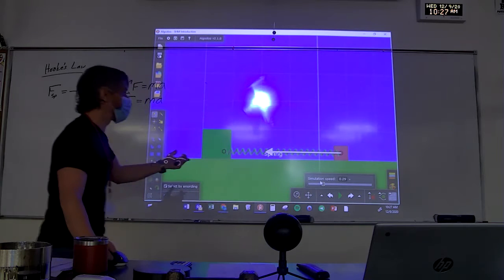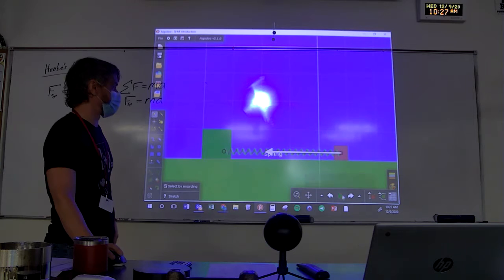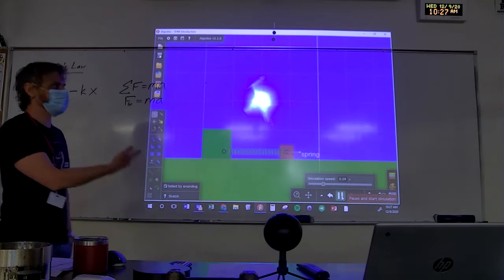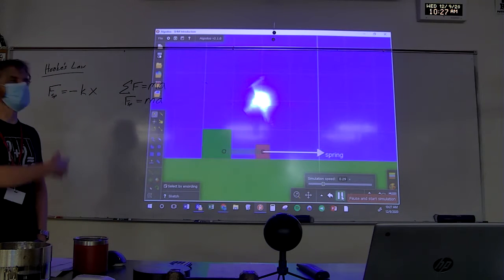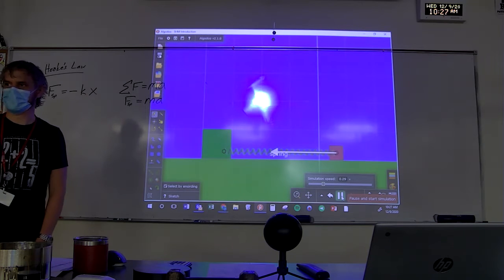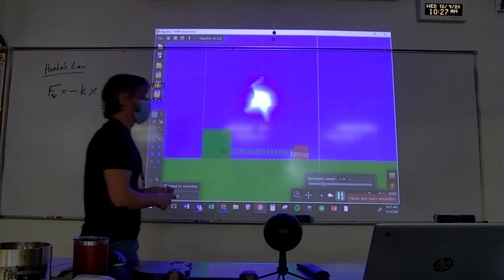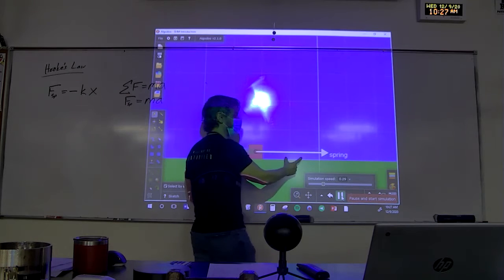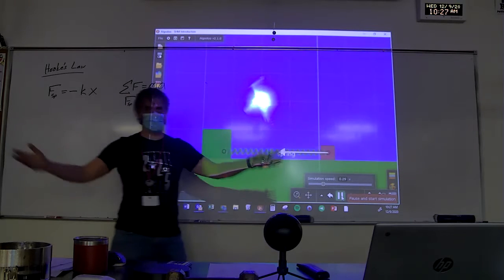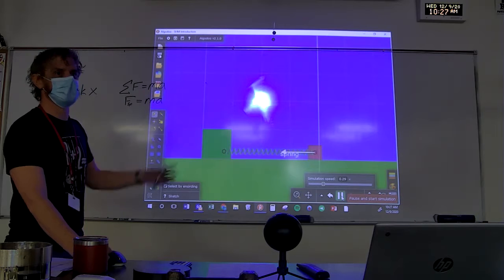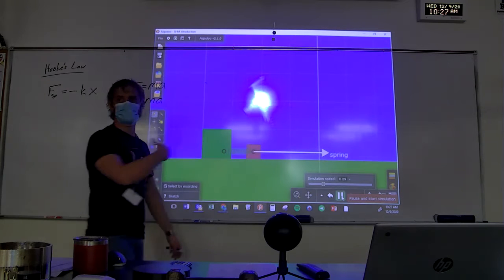The displacement from the equilibrium position is constantly changing, but so is the force, right? So to truly describe this motion requires calculus. In AP Physics 1, we talk about what happens at the equilibrium and what happens at the amplitudes, at the very ends. But in this class, we can actually talk mathematically about the entirety of the motion, okay?